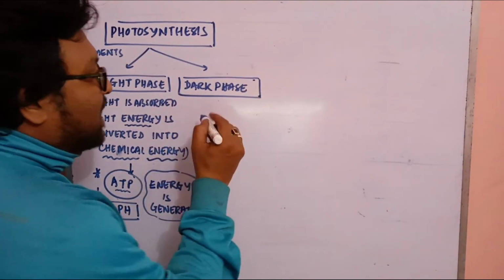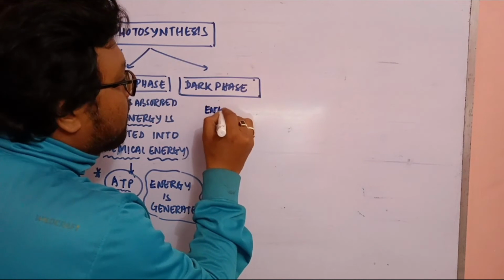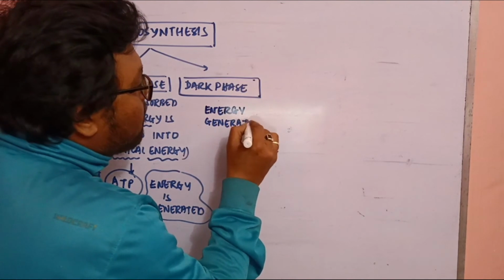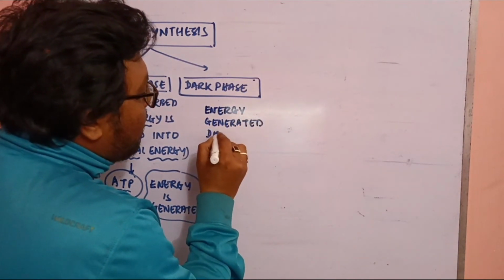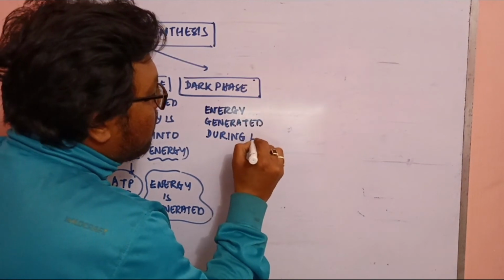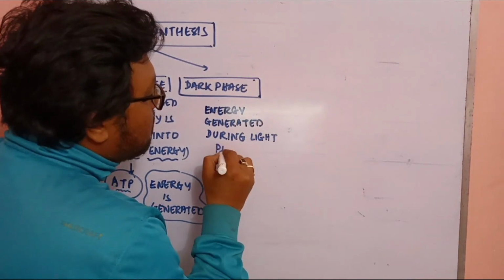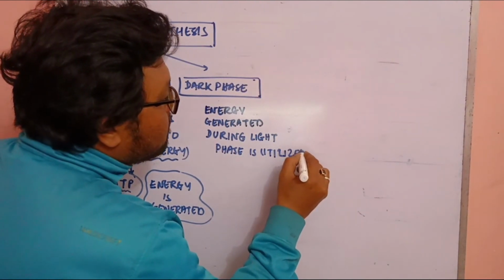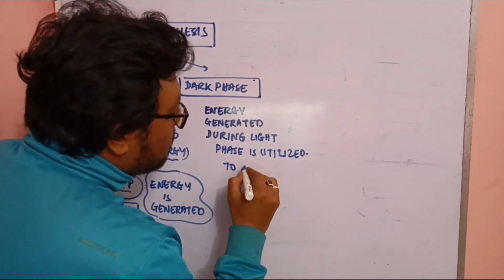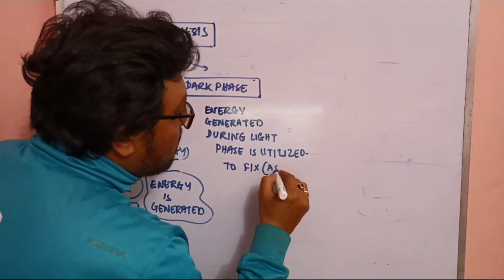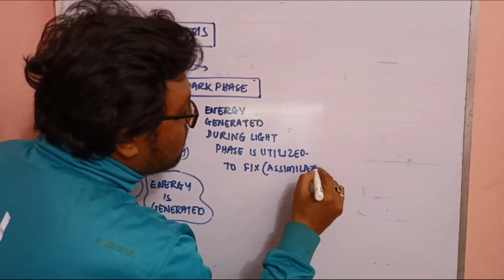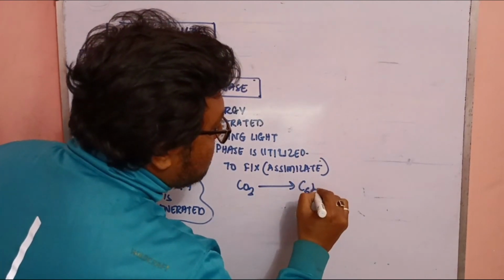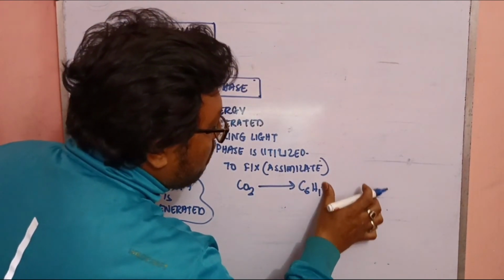Energy, and that energy generated during light phase is utilized to fix or assimilate carbon dioxide into C6H12O6.